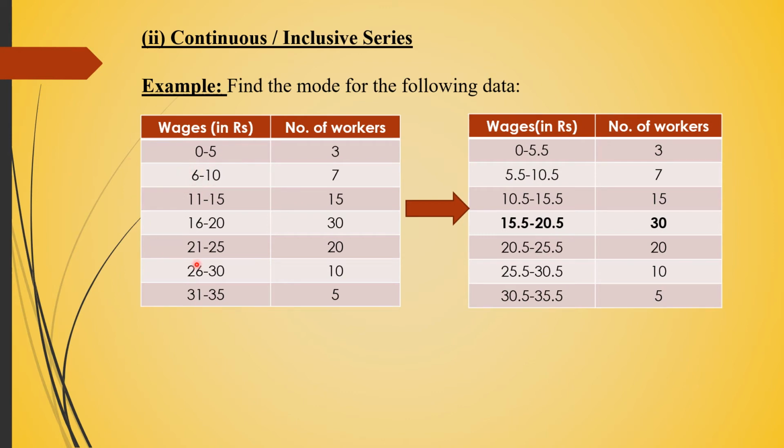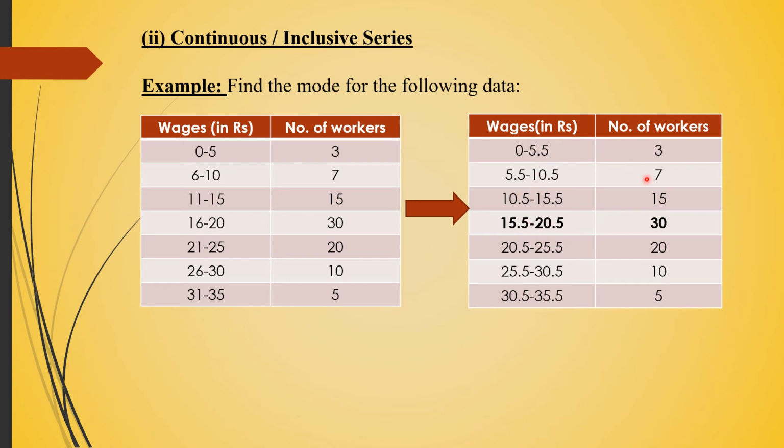So this type of series is an inclusive series. So first of all, we need to convert this series into an exclusive series, and how will we do that? We can do that by adding 0.5 to the upper limit of every class and subtracting 0.5 from the lower limit of every class. So we get 0 to 5.5, 5.5 to 10.5 and so on.